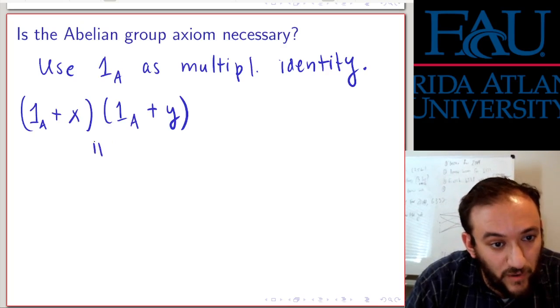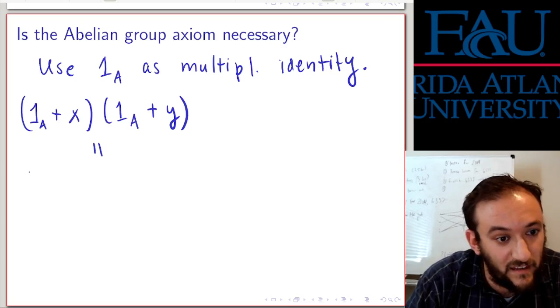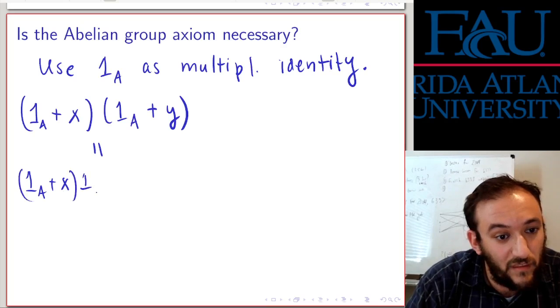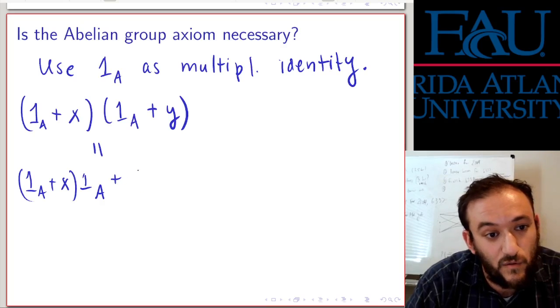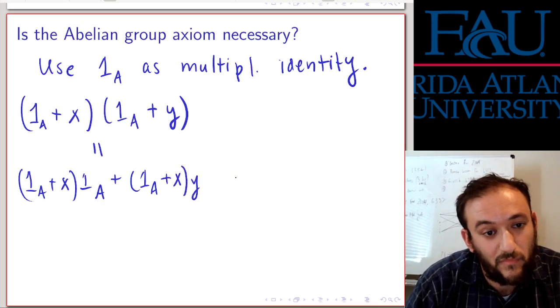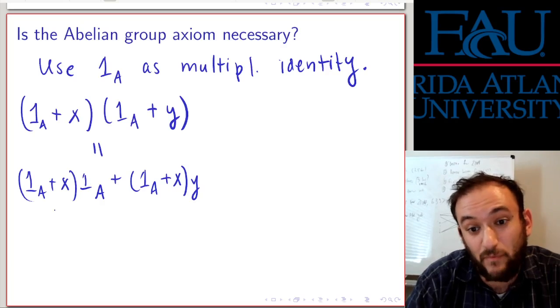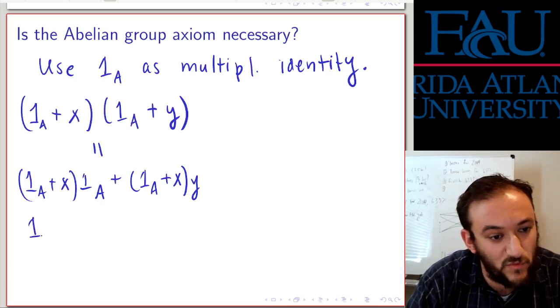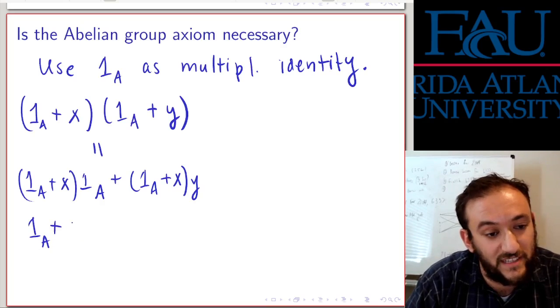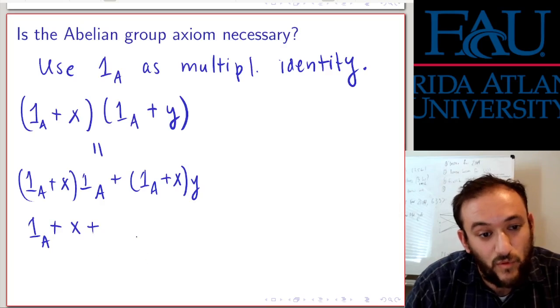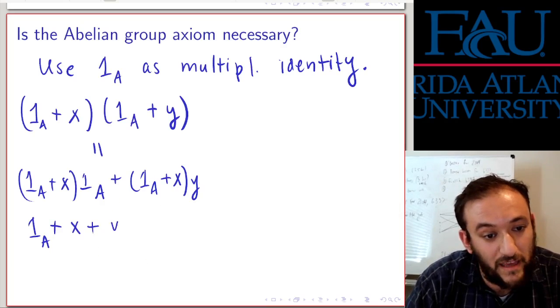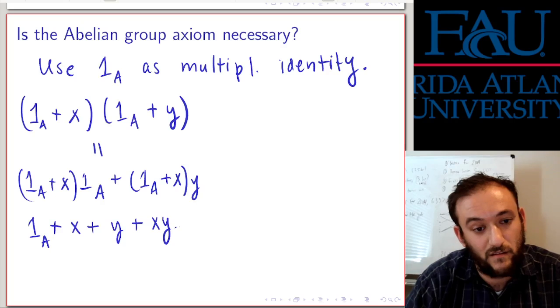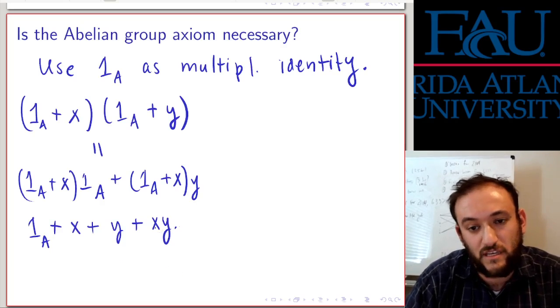So if we want to distribute this on the left, we're going to get (1_A + x) times 1_A plus (1_A + x) times y. Okay, and distributing again, this time on the right, we have 1_A times 1_A is just 1_A because it's a multiplicative identity. Similarly, we get x, we get 1_A times y is y, and we get x times y is xy. Okay? And we're not assuming that multiplication is commutative in this derivation.